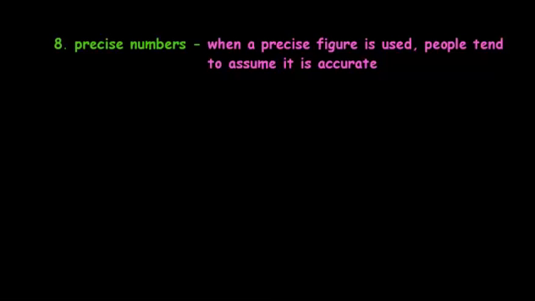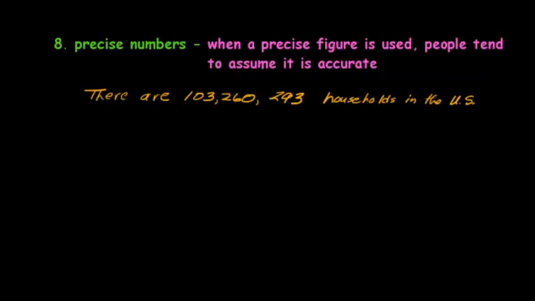The next way a study can be misleading is if it uses what we call precise numbers. This is when a precise figure is used. It tends to make us believe it's accurate, as if they actually calculated to that very precise level. So, for example, if a study concluded there are 103,260,293 households in the U.S., that implies that they actually calculated to that last digit.